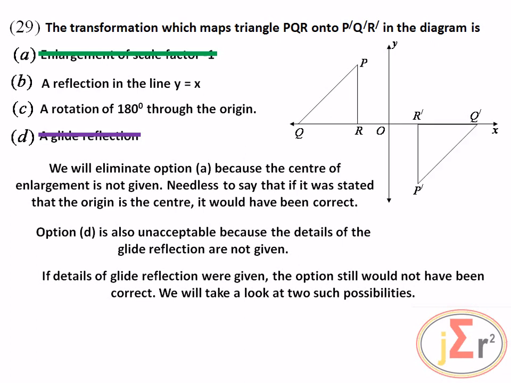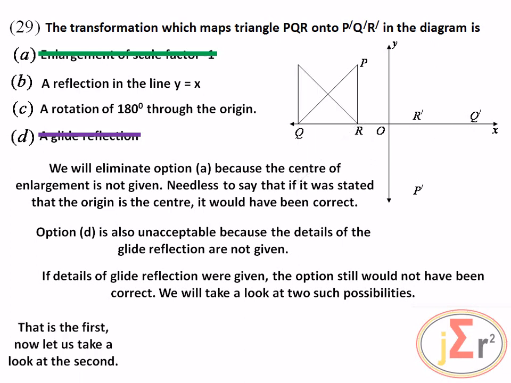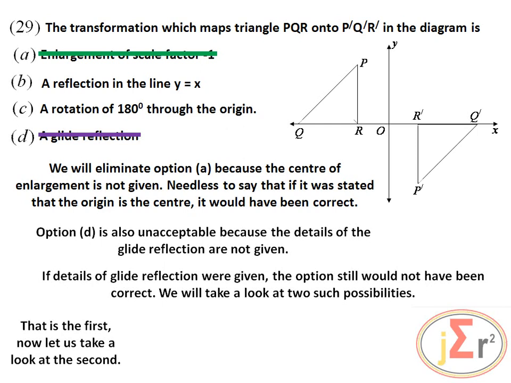And of course, let's take a go at it again. Right, that one is not correct. That is the first, the one that we have shown. Now let us take a look at the second. See that? Now we are translating parallel to the y-axis and reflecting in the y-axis. And what do we know?